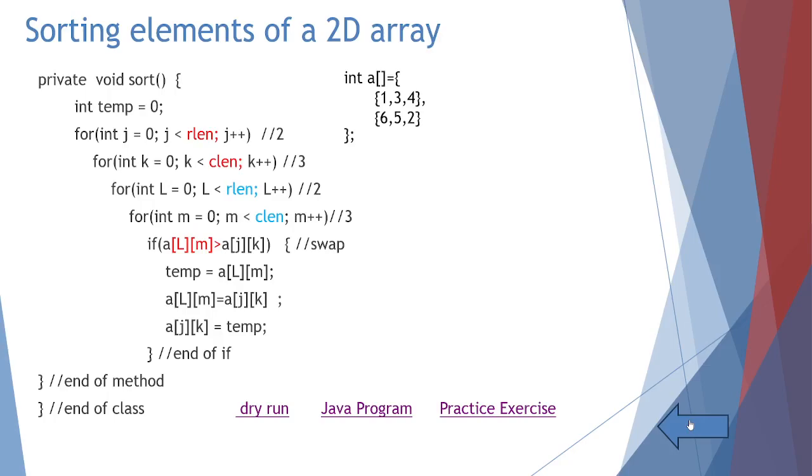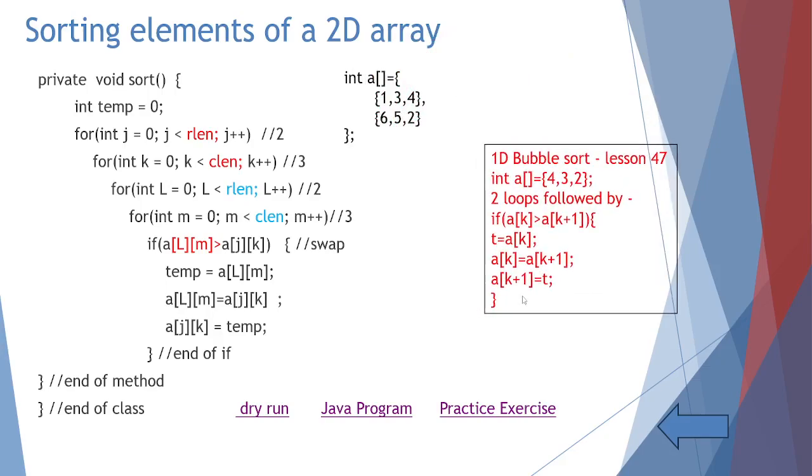Sorting a 2-dimensional array requires 4 loops, 1 if, and 3 swapping statements compared to single dimensional bubble sort, which I have discussed in lesson 47. Two loops followed by if a of k greater than a of k plus 1.